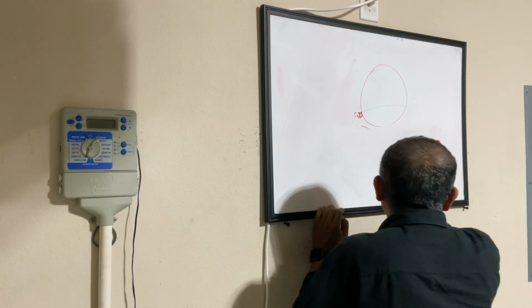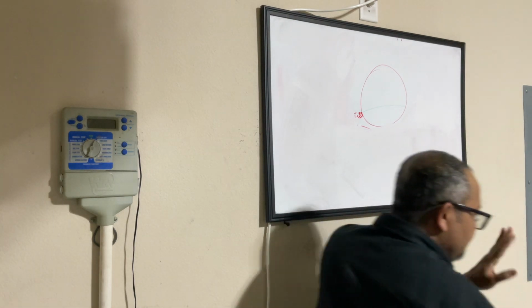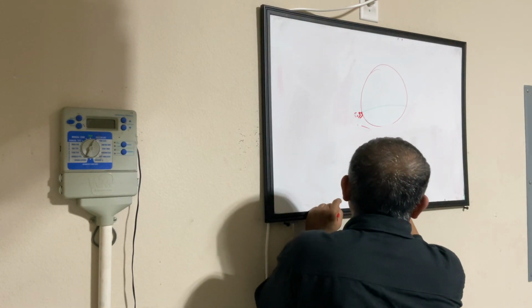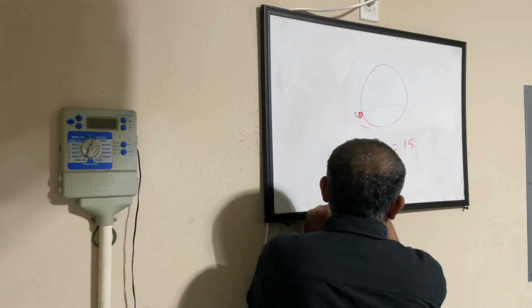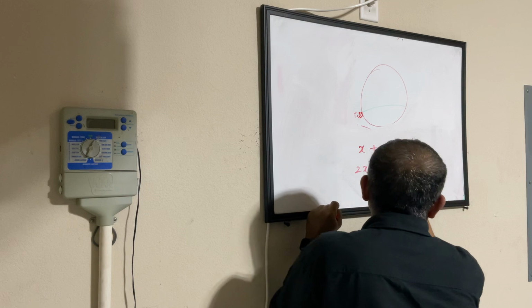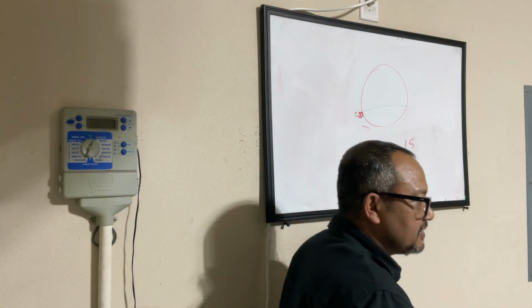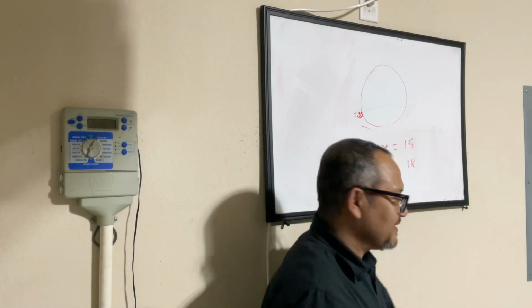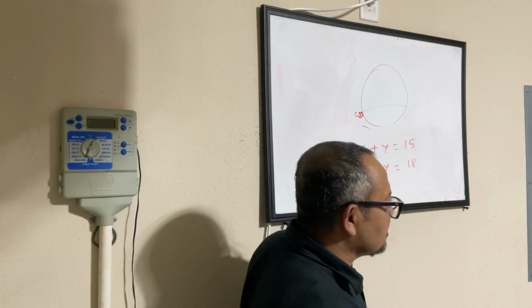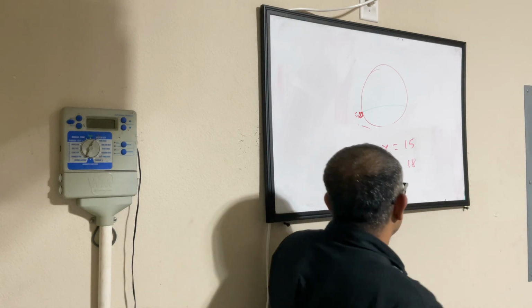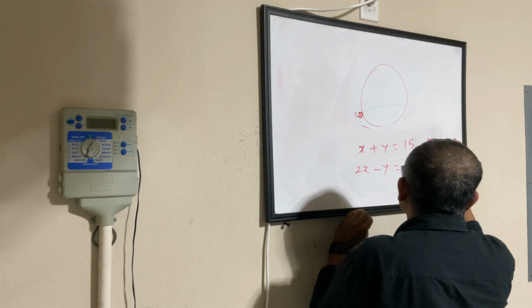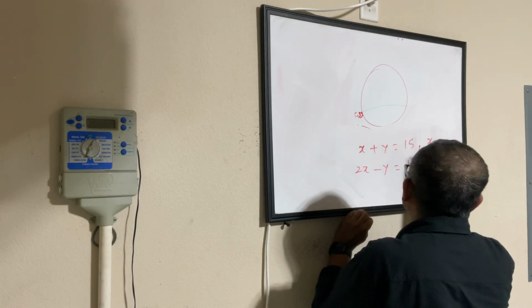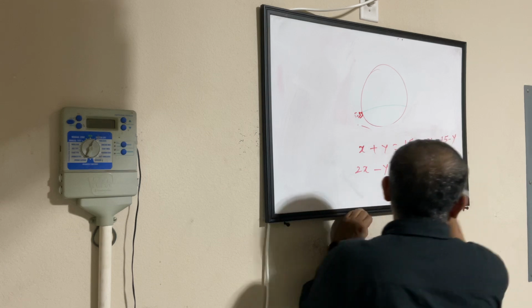Let me just quickly solve an easier problem. I have x plus y equal to 50 and 2x minus y equal to 80. I have this equation to solve, let's say. So what I will do is, let's say x equal to 15 minus y. I got it from the first equation.